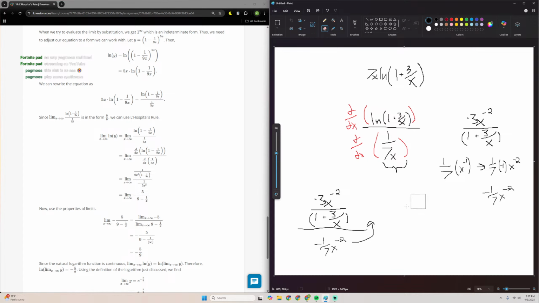Let's make that a little bit nicer looking. This becomes 7x to the negative 2, right? Derivative of this becomes negative 2 from 5x to the negative 2. Oh, it's actually just 2.